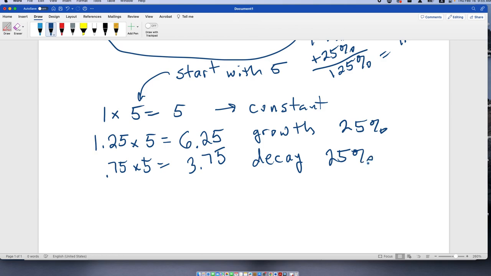With that in mind, what if I did the same thing? I want to think of what's the percent growth or decay if I took 3 times 5. So I started with 5 and I'm going to multiply by 3. What is the percent growth?